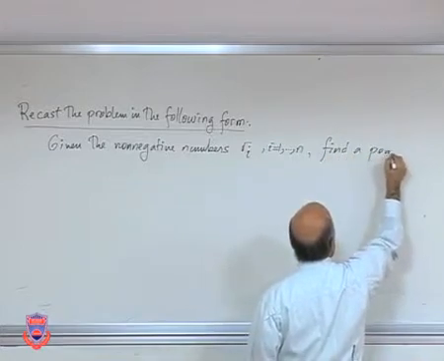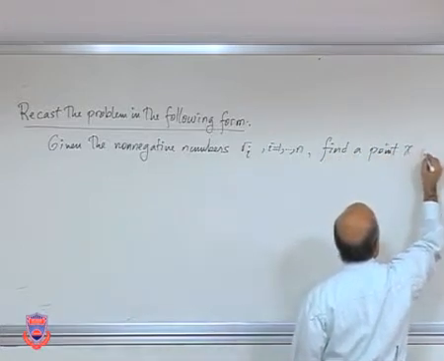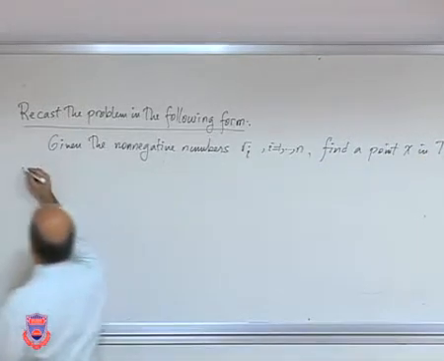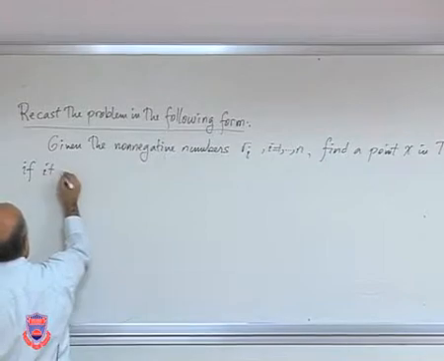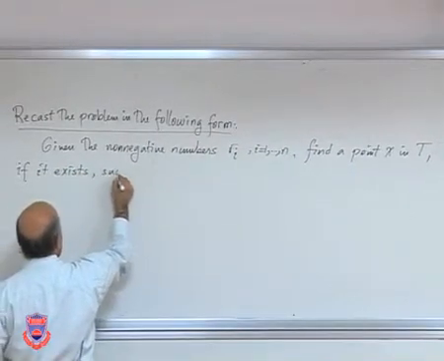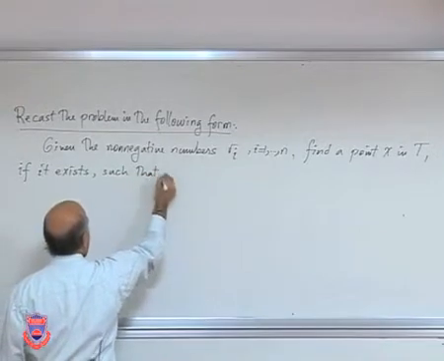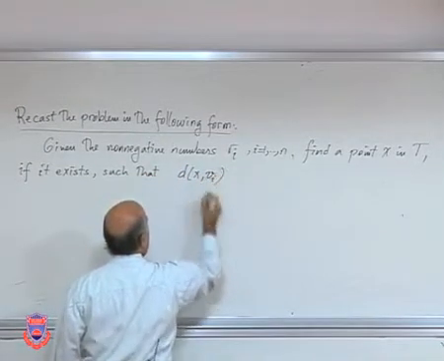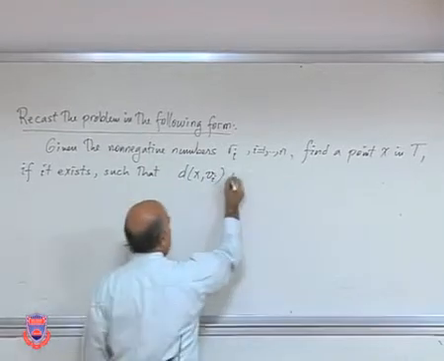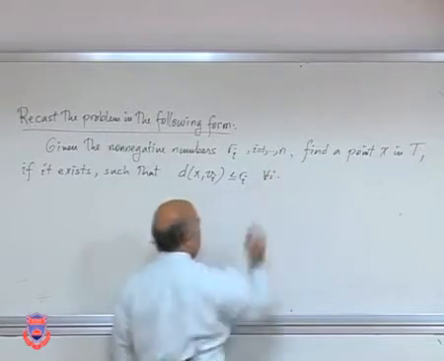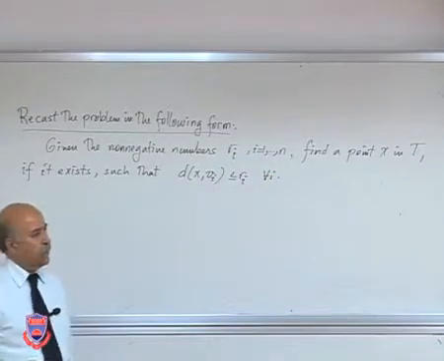Find a point x in T, if it exists, such that the distance between x and v_i is less than or equal to r_i for all i under consideration. Okay?